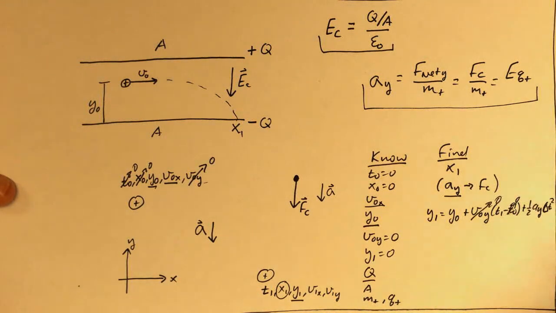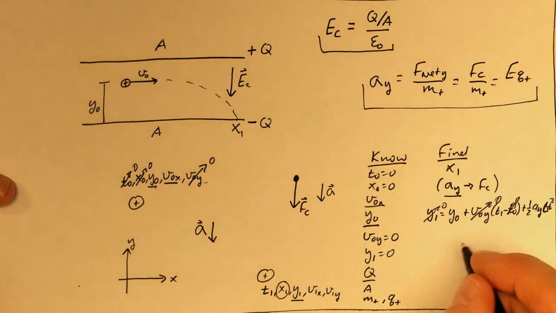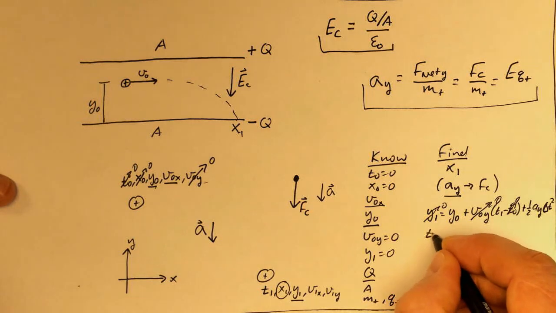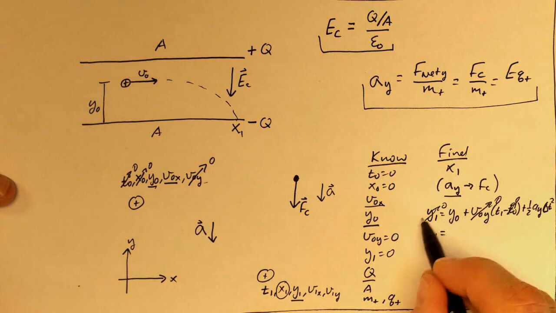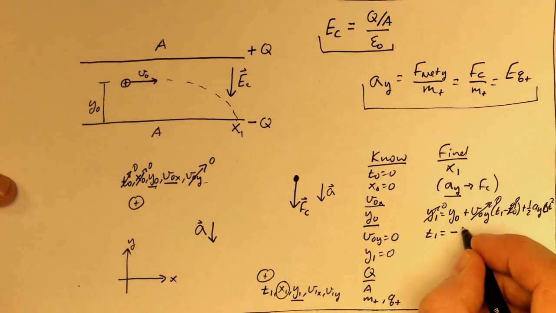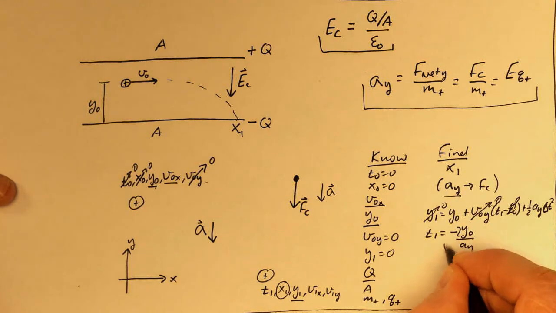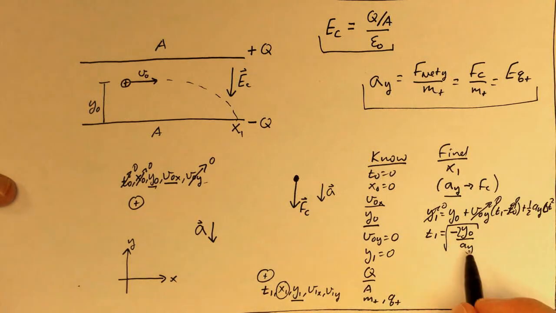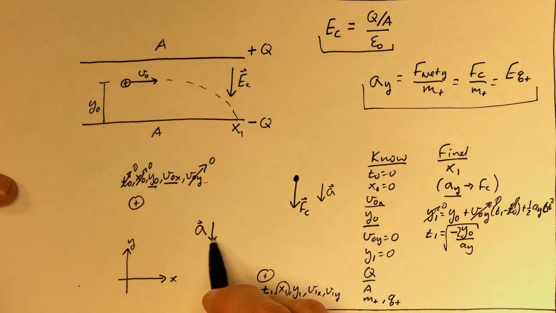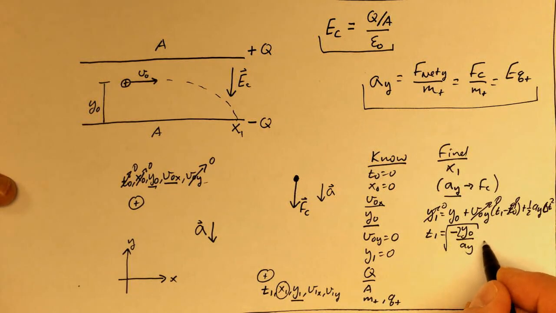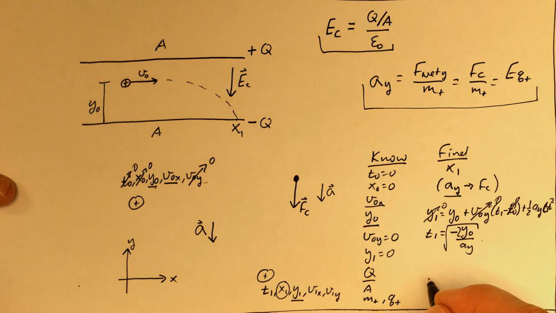But I also have v0y is 0, and my y1 is 0, and so I can find my time. Here I have my t1, I subtract this over, so I get negative y0 times 2, multiply the 2 up, divided by ay, and then square root it. Now note, my ay is negative, and so the value I get from here, I would plug in a negative value there.